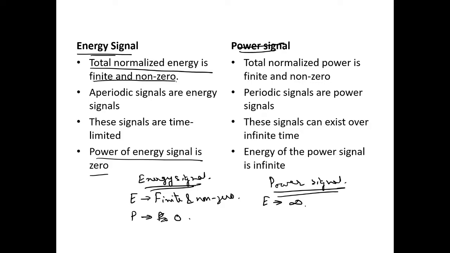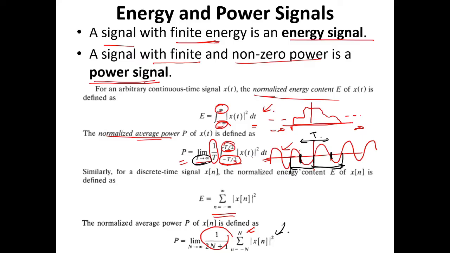energy is infinite. It is quite understandable from here, because our limit would be tending to infinity, and our sinusoids are spanning up to infinity. So if you want to find the integration of that whole area which is spanning up to infinity, it is not possible, so it would be infinity.